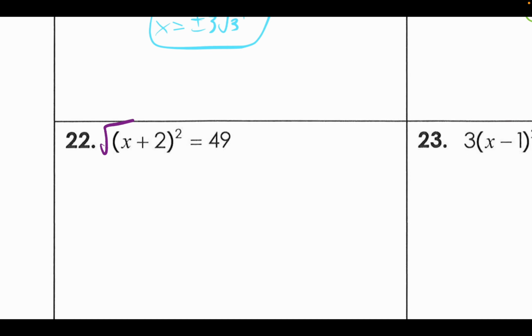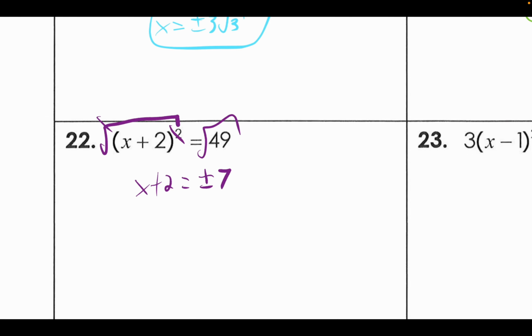So we go ahead and go to step 2 of square rooting both sides. And the square and square root undo each other, as I've been mentioning, and I get x plus 2. I get the entire thing inside. I don't have to take the square root of x or the square root of 2. The square root undid the square, and I'm left with the radicand, or what was inside, which is x plus 2. On the right-hand side, I get positive or negative 7.